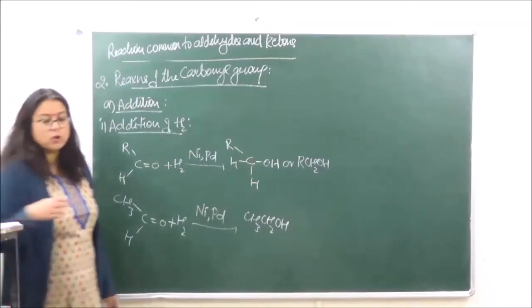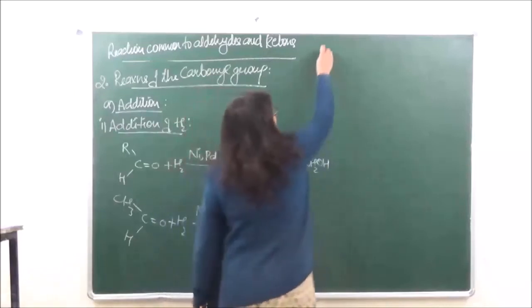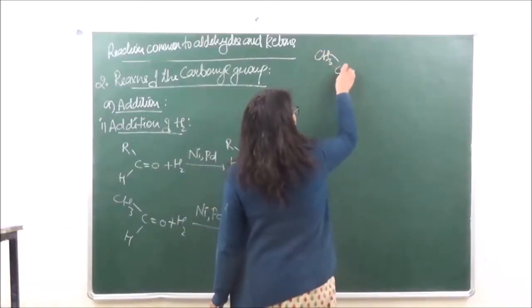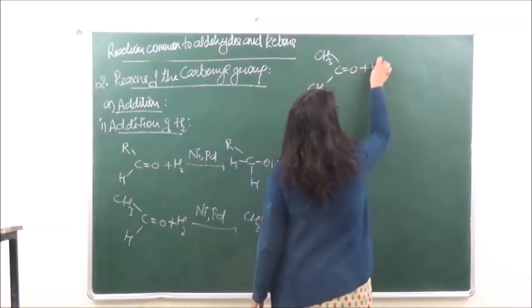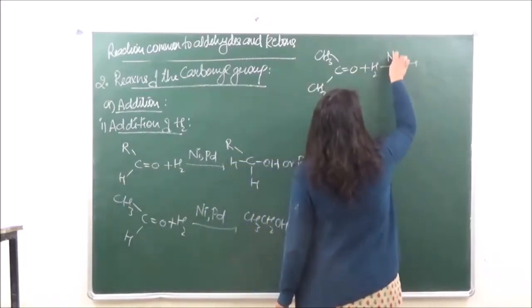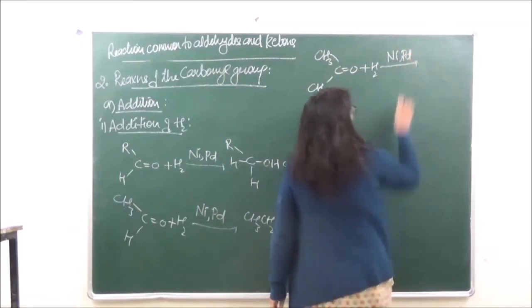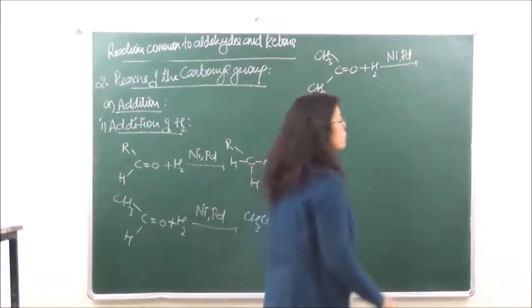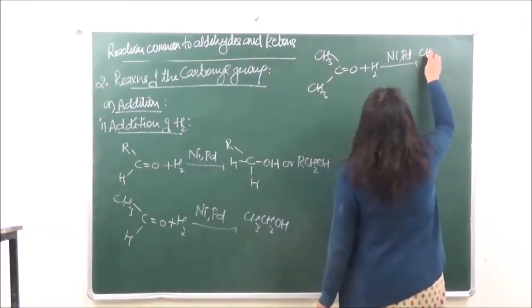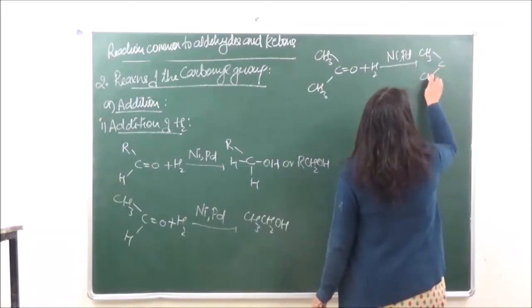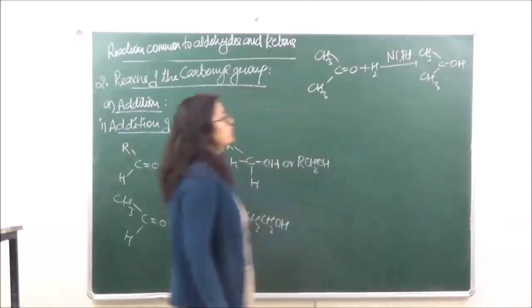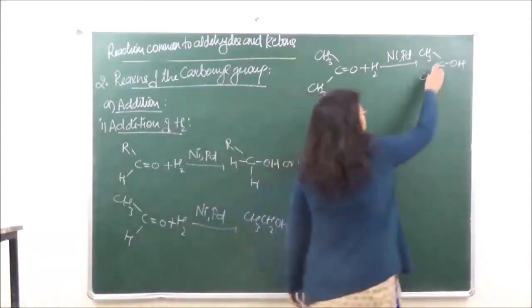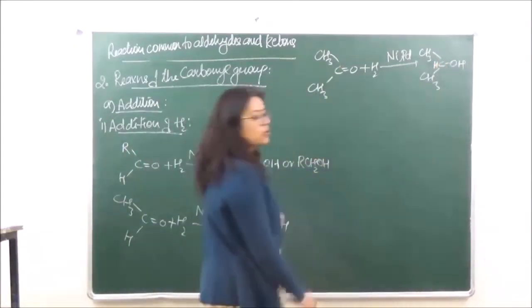If we're taking a ketone over here, let's take an example of acetone. We are going to get over here a secondary alcohol. So we have CH3, CH3 and OH and H also, CHOH.